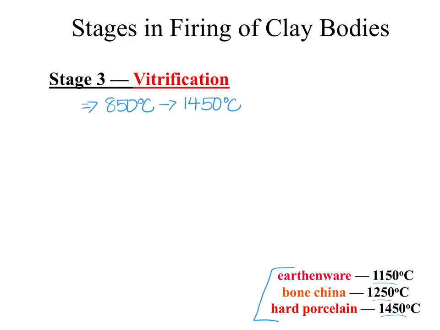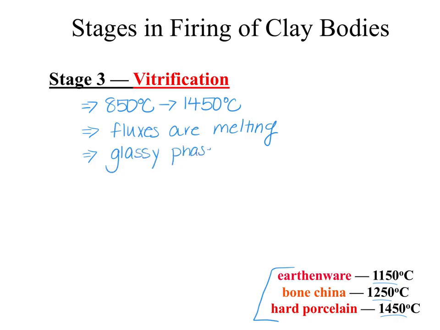And that's that point of vitrification. And what's happening at this point is that your fluxes are melting. And when the fluxes melt, that means you have a glassy phase that develops, and that pottery is hardening.